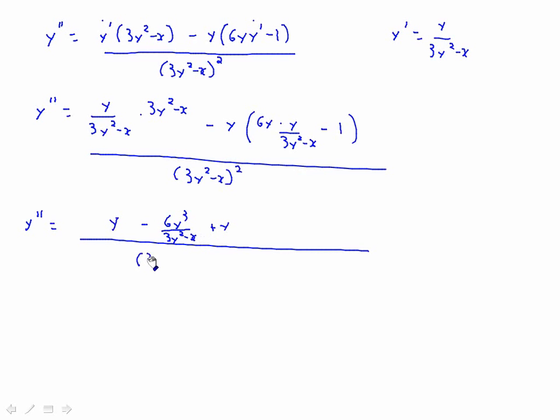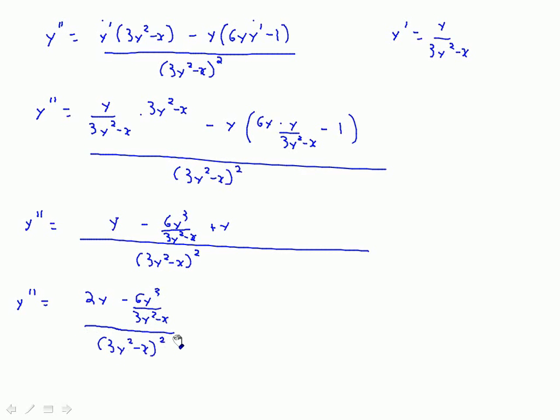And then this is all over 3y squared minus x to the 2. y plus y is equal to 2y. So 2y minus 6y cubed over 3y squared minus x, all over top of 3y squared minus x to the 2.